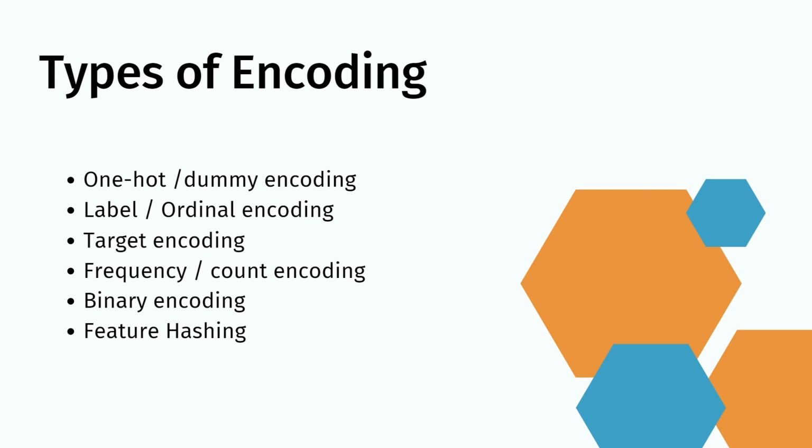Let's say the first row has some category, and that category is good. Under the good column there will be one, and under the rest of the two columns there will be zero. So looking at the binary value in the specific column, you understand what the original value was, and this way you're also encoding it into a numeric value.